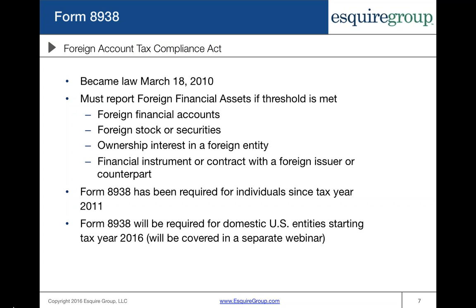So you have to file Form 8938 to report foreign financial accounts, foreign stock or securities, ownership interests in a foreign entity, or a financial instrument or contract with a foreign issuer or counterpart if the threshold is met.